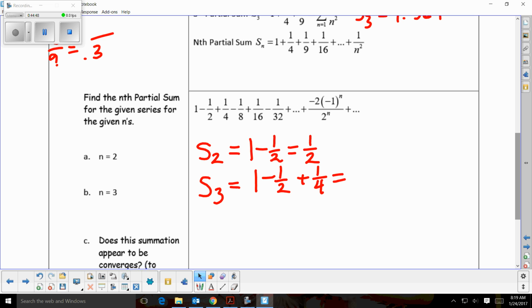So we're just adding on 1/4 to 1/2, and we got 3/4. So does this summation appear to converge if you kept adding and adding and adding values? Try it. Get your calculator out. Tell me what you think this summation converges to.